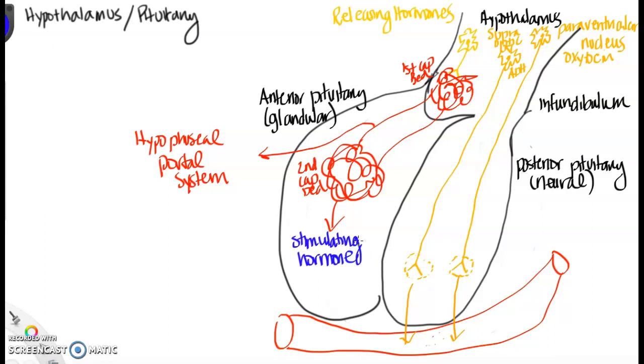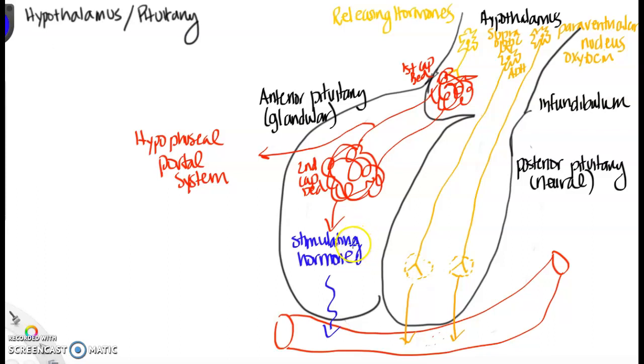The majority of the 6 hormones that come out of the anterior pituitary are stimulating hormones, but there are 2 that are actual hormones that go out and have target organs. We will talk about that in just a bit. But once those are secreted out of that second capillary bed, then they go into the bloodstream.